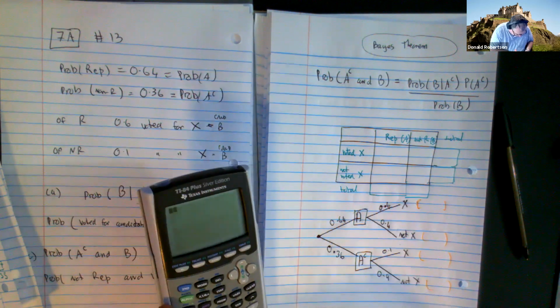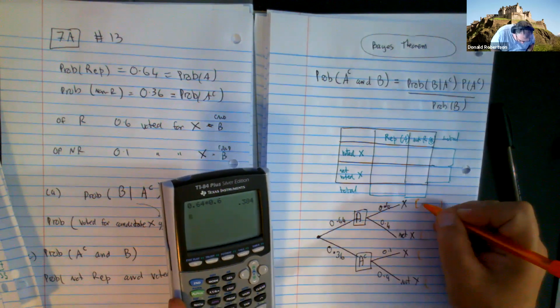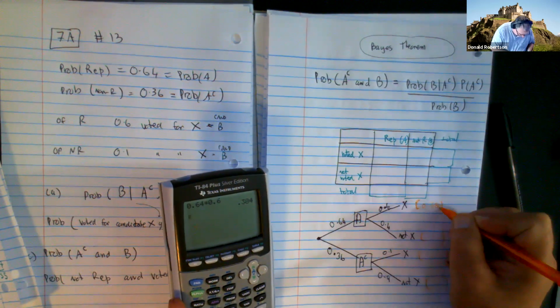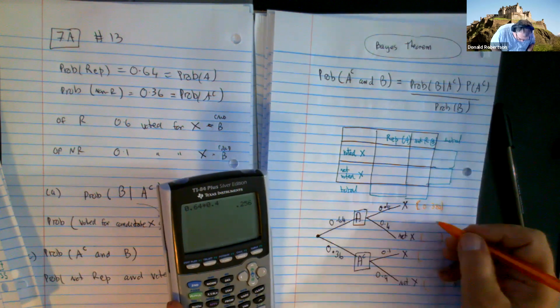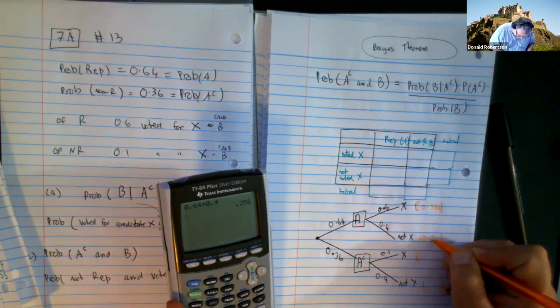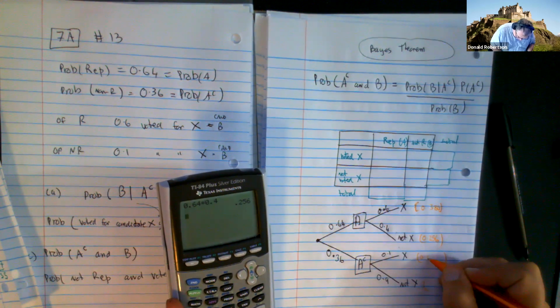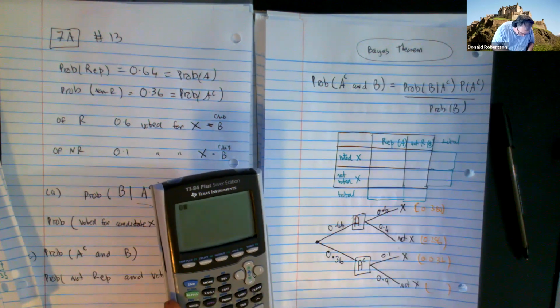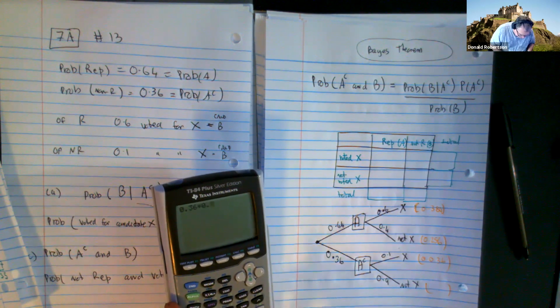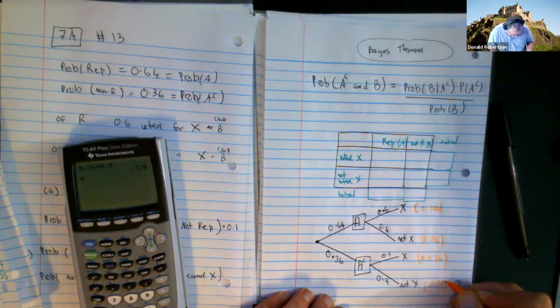So 0.64 times 0.6, that's 0.384. 0.64 times 0.4 gets me 0.256. This one gets me 0.036. And the last one is 0.36 times 0.9, and I have 0.324.